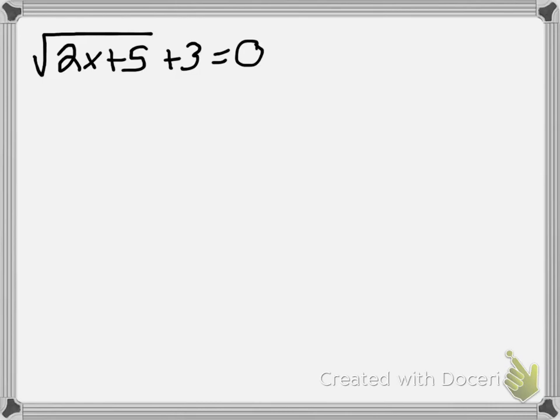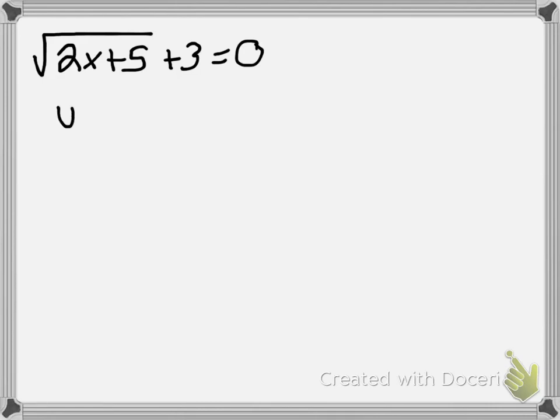Alright, so the first problem that you had on the stuff that was due on Friday, that I posted on Thursday, was this problem. No, this wasn't the first problem, but this was the first problem that most of you had some difficulty with. You had square root of 2x plus 5 plus 3 equals 0. Now, ladies and gentlemen, most of you started out pretty well.